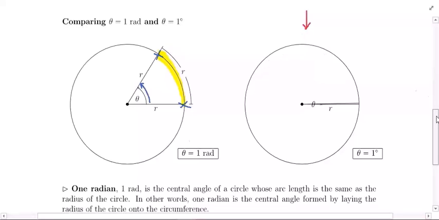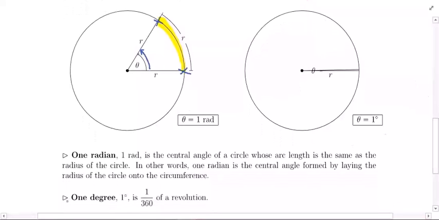I've got it explained in the wording below. It tells you that 1 radian, which you can write as 1 rad, is the central angle of a circle whose arc length is the same as the radius of the circle. In other words, 1 radian is the central angle formed by laying the radius of the circle onto the circumference.